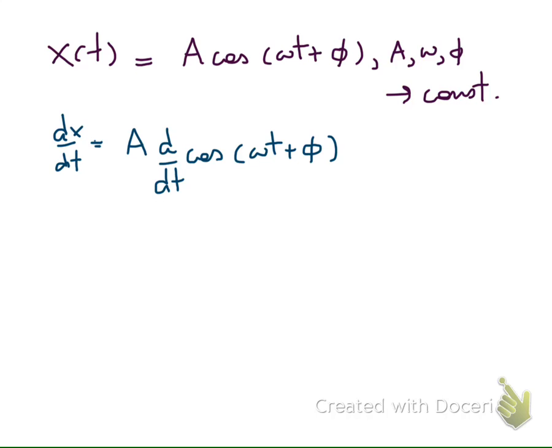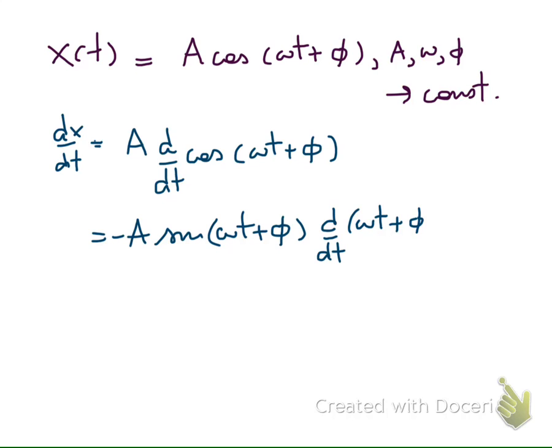So this is equal to minus a sin(omega t plus phi) times d over dt of (omega t plus phi).